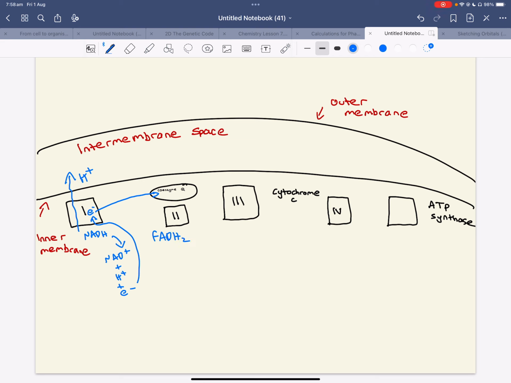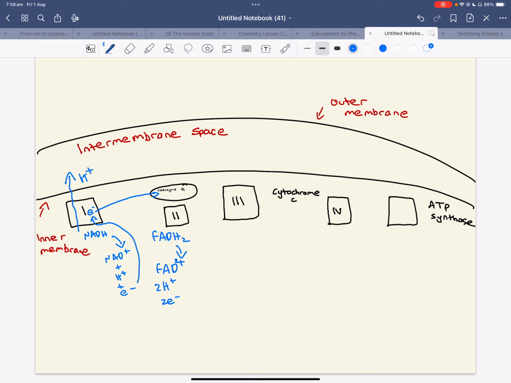Then FADH2 also releases protons and electrons. Right? So what you're going to have is 2 H plus missing, and you have 2 electrons, right?